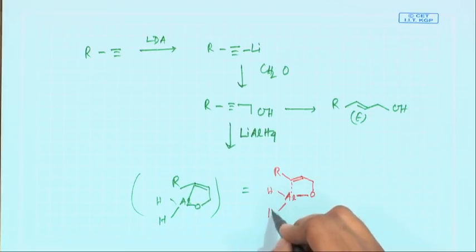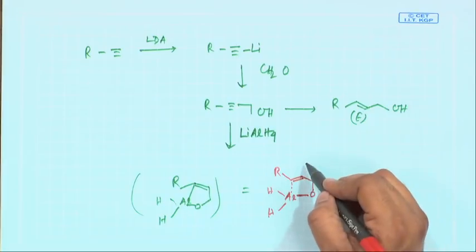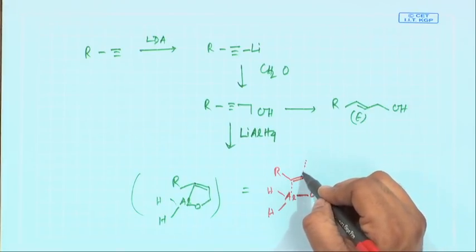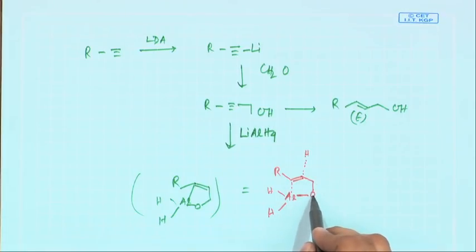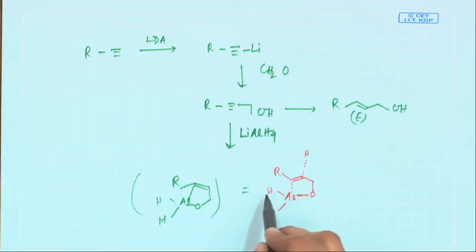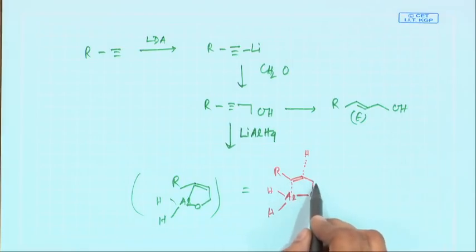Initially, lithium aluminum hydride will transfer one hydrogen from here, and then this oxygen, the Lewis basic side, will coordinate with the aluminum, giving this cyclic aluminate ester.